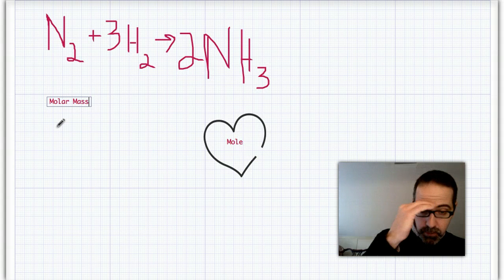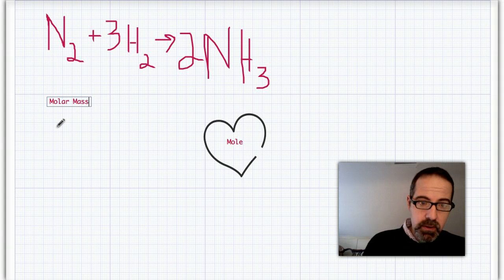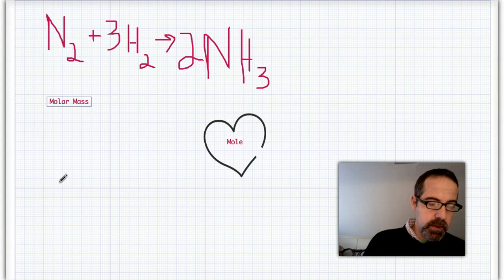Okay, and I talked before in my last movie about how you could calculate this quantity. It's pretty easy. All you really need to do is add up the masses of each individual component that makes up the compound.